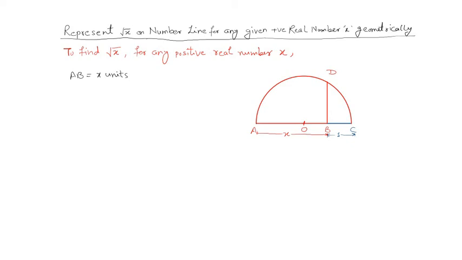So now we can calculate the radius of the circle. The radius of the circle will be half of the diameter AC. We can say AC is AB plus BC.